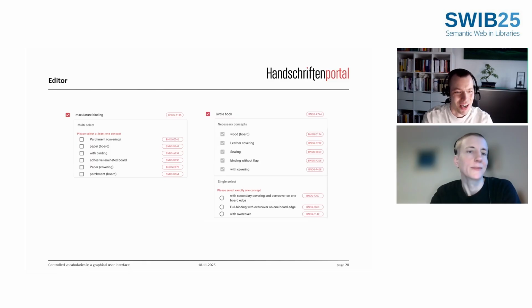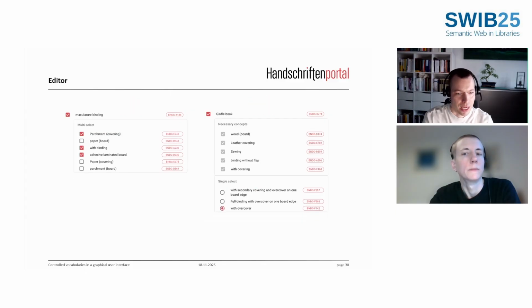So there are other concepts with other forms. You see on the left side a multi-select concept where you have to select at least one concept, but can select multiple ones. And on the right side, you see a specialist term with a single select where you have to select exactly one concept. And this would be a valid selection for those.